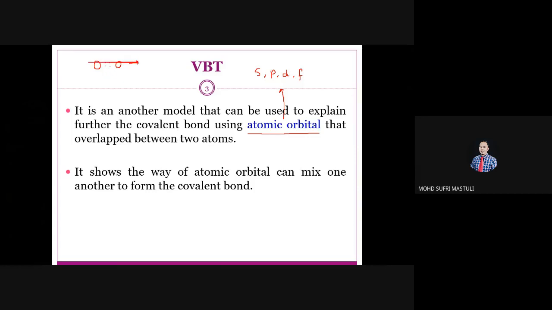We explain it in terms of the Lewis structure, in terms of the valence electrons. But this time, we are going to explain the formation of bonding by using atomic orbitals, which atomic orbitals are involved in the formation of bonding.